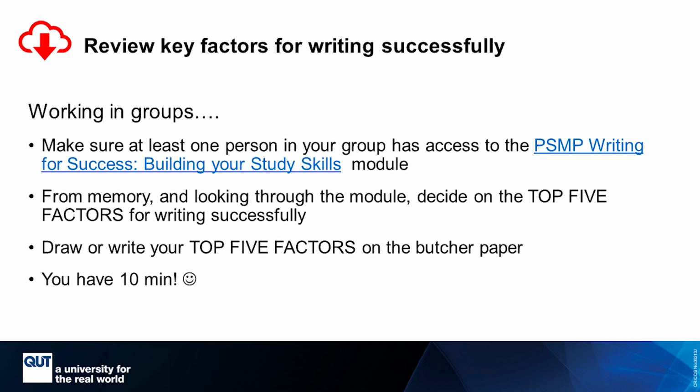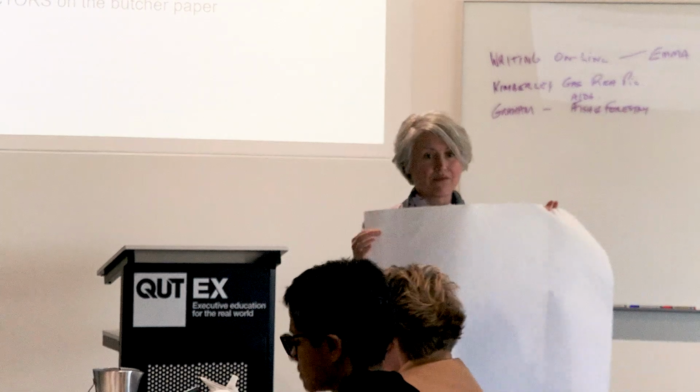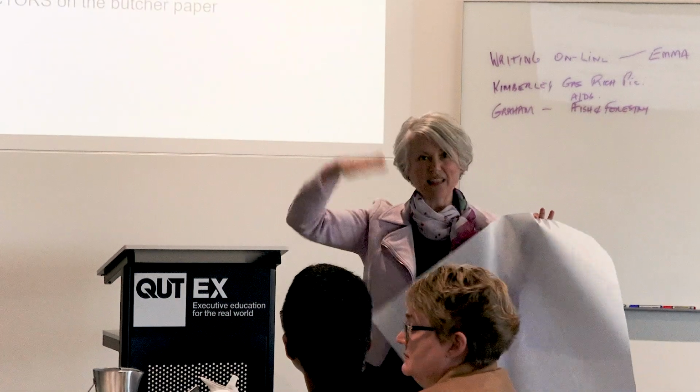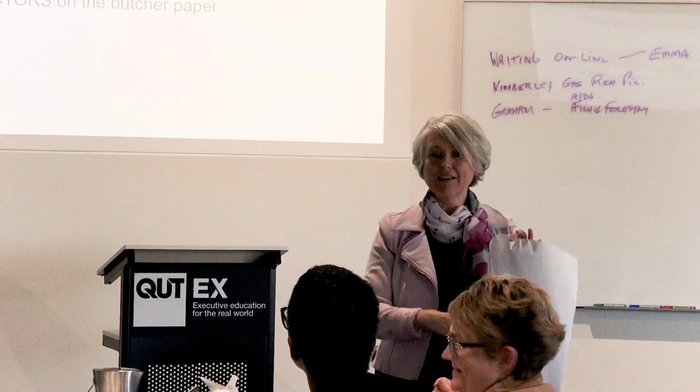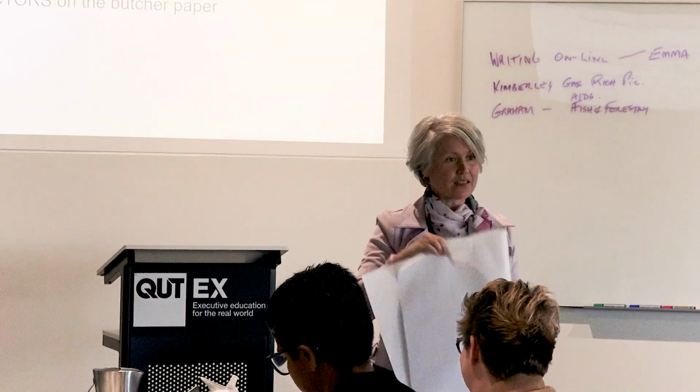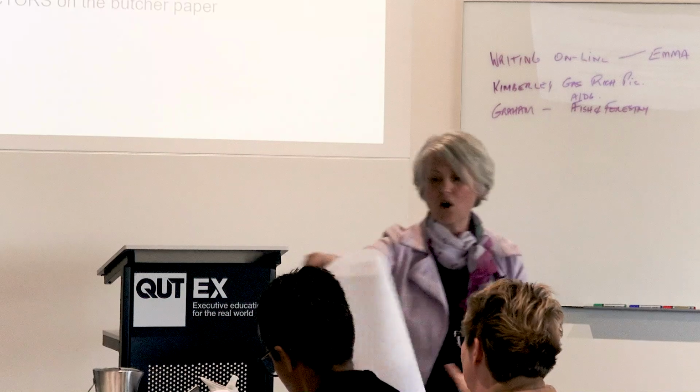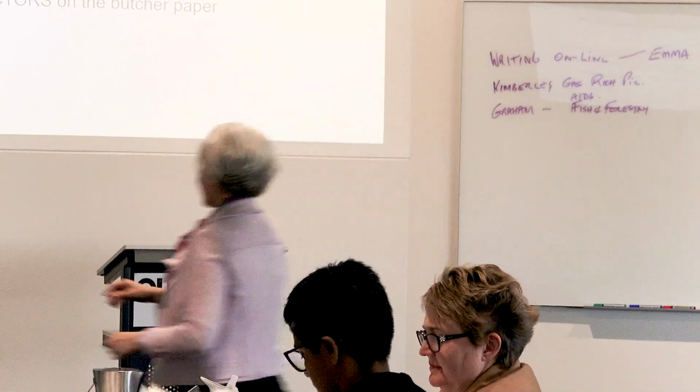And what I want each group to do, I'll give each group one piece of paper, and you've got some markers, and I'd like you to present your top 5 on the paper. Now you can just write them, 1, 2, 3, 4, 5, you can draw them, you can do a chart, but I'm going to give you 10 minutes to present what your top 5 are.